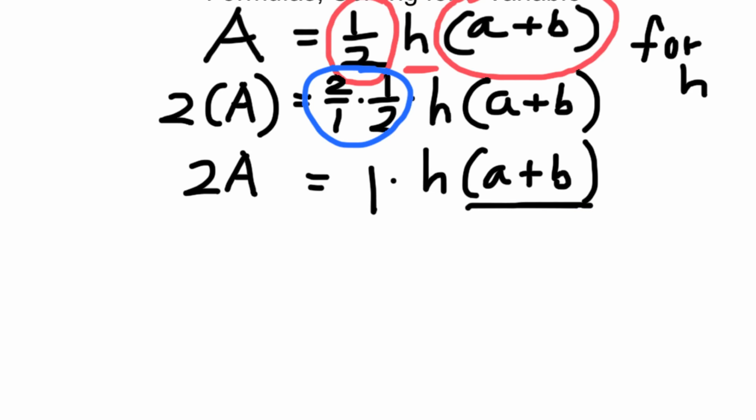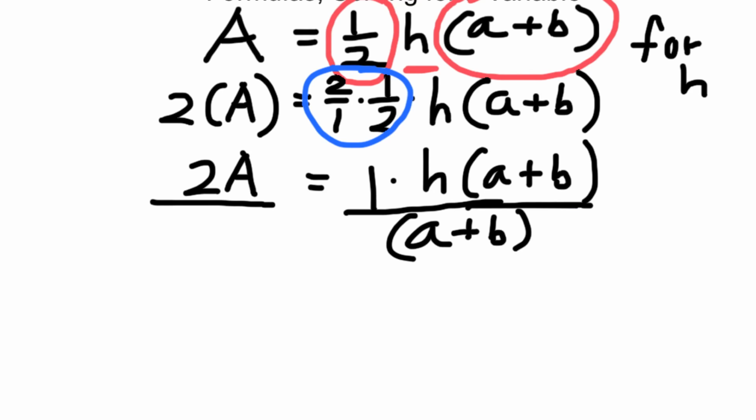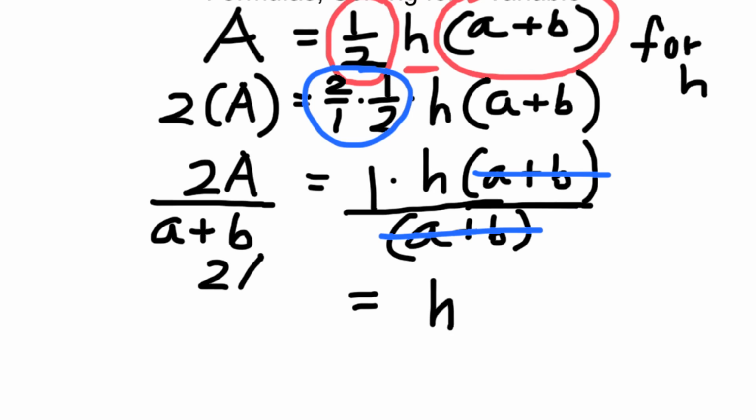I'll put A plus B underneath here, just to make it look the same, I'll put a parenthesis around it. But I'll just do the same thing to this side. A plus B. Okay, so I've done that. A plus B divided by A plus B equals 1. So I've got 1 times H times 1, which is just H. So H equals 2A over A plus B.